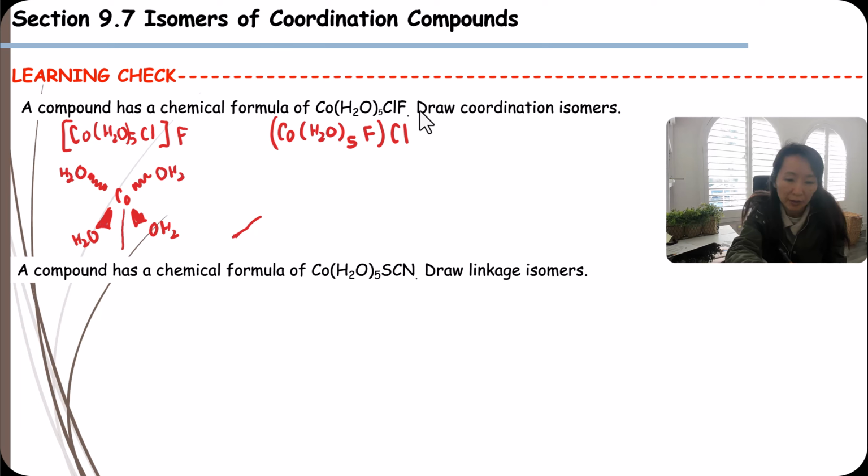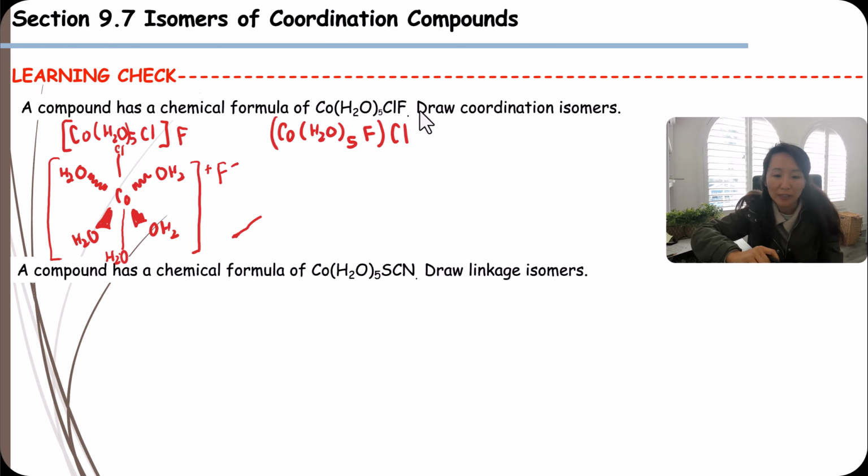I'll go down, and here is my H2O. And I have my chlorine that goes on top. These are all inside the bracket, and it has a charge of plus. And fluorine has a charge of -1. All right, you're going to try this one and come back.